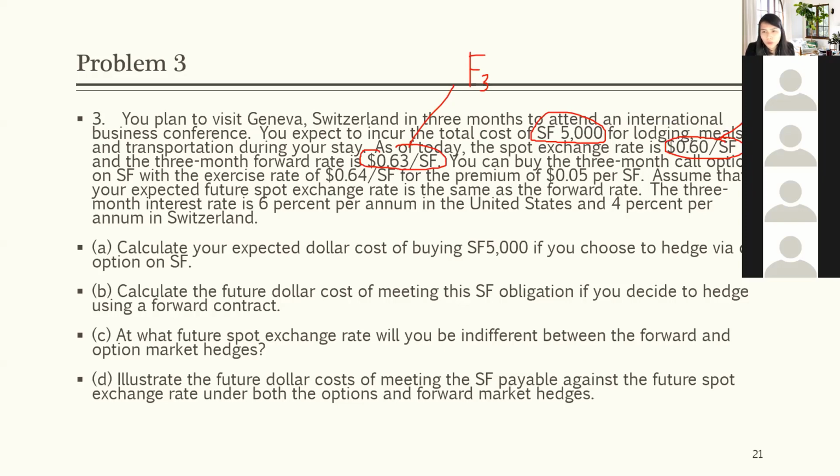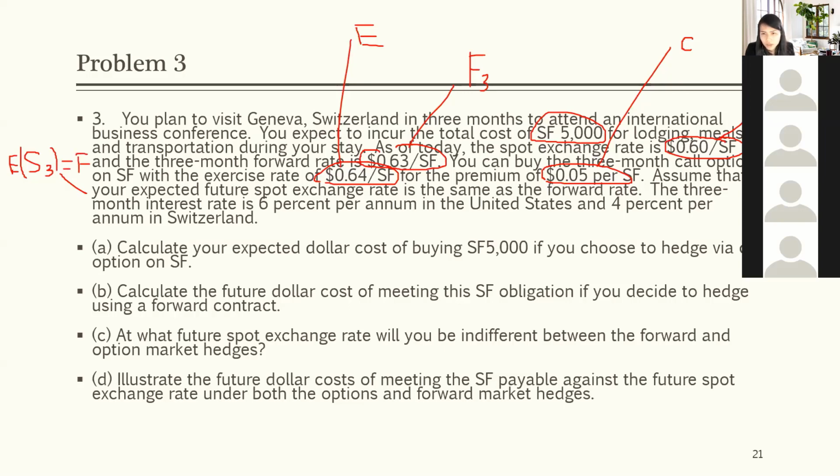You could buy a 3-month call option, and the exercise price is 0.64, so this would be X. The premium is 0.05, so this is little c. Assuming that your expected future spot exchange rate is the same as the forward rate. So in other words, the expected S3 is going to be the same as the forward rate.